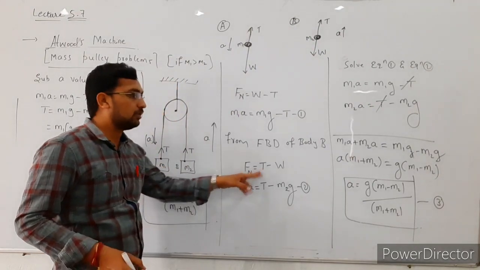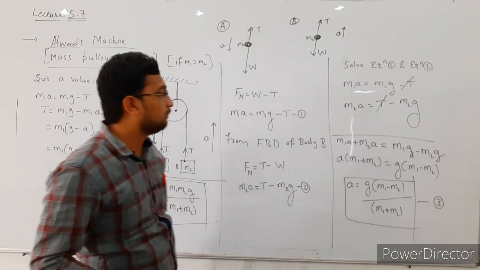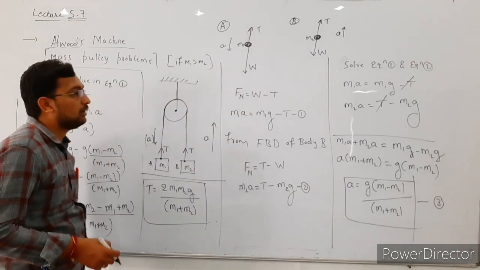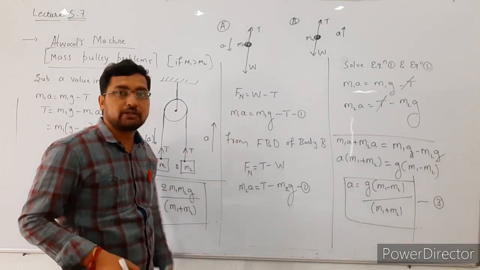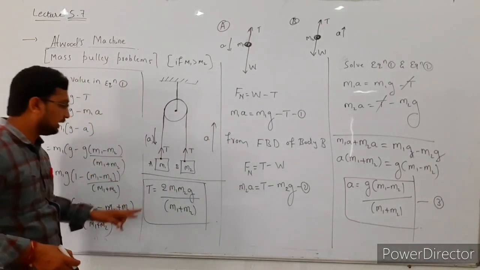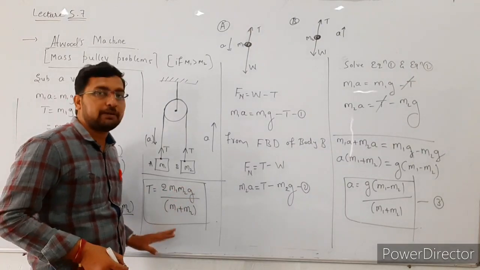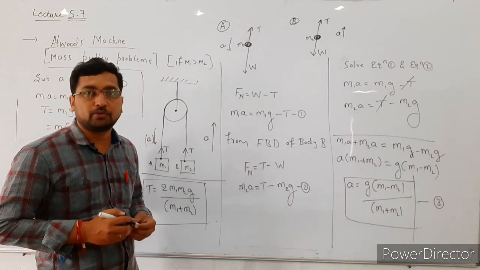So net force equals tension minus weight. Next, simplify this and we will get the acceleration value. Substitute the acceleration value in either equation number 1 or equation number 2, and you will get the tension. So tension, that is T, is equal to 2 M1 M2 G divided by M1 plus M2.